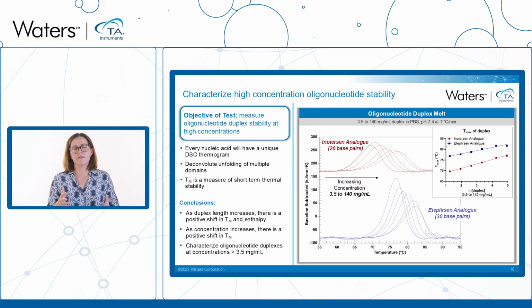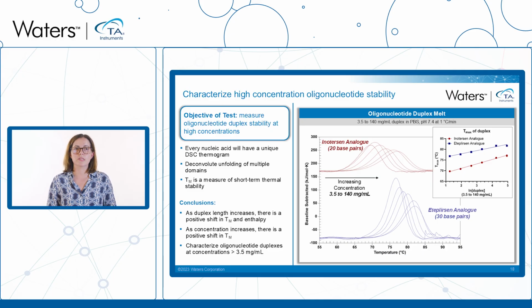So far we have looked at proteins and antibody thermograms, so let's take a look at another type of biomolecule. And this is going to be our final application example. So here we show two different FDA-approved oligonucleotide duplexes. When working with duplexes, you'll see an increase in Tm as strand concentration increases, which is what we observe for both samples shown here.